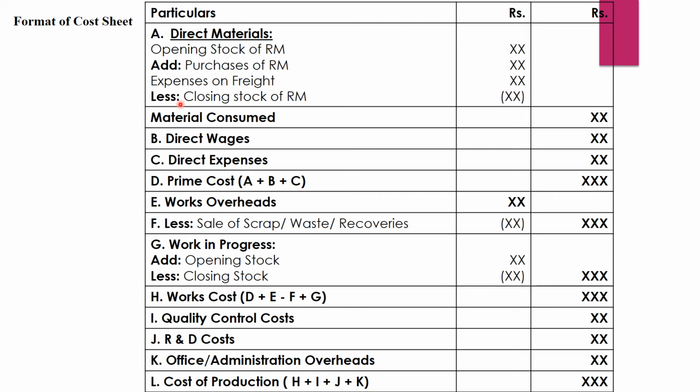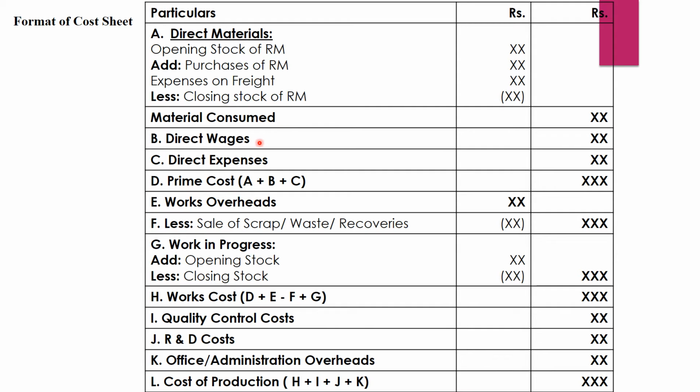And at the end, we subtract closing stock of raw material. All these expenses related to the material are added at one go, and the closing stock, which is going to be carried forward to the next year, is subtracted, and at the end of this we get material consumed.